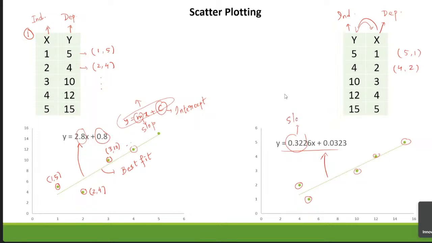This is the slope. So now we see that if we interchange these points, we get two different lines. One line is called y on x, another line is called x on y. Now we will discuss how these x on y and y on x lines are formed.